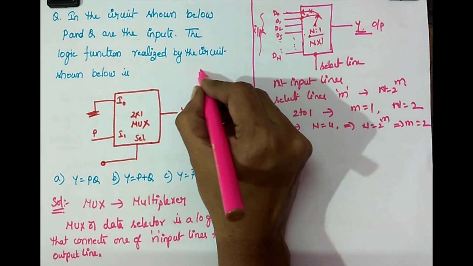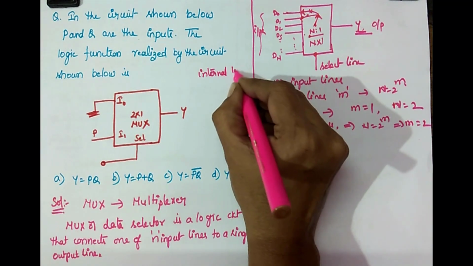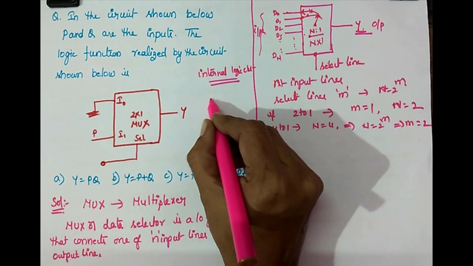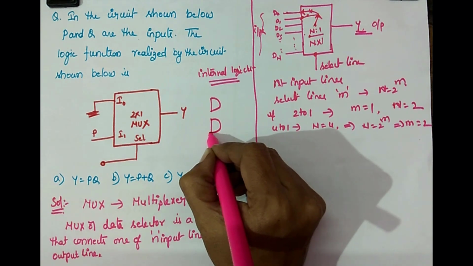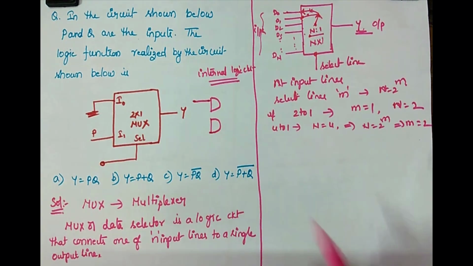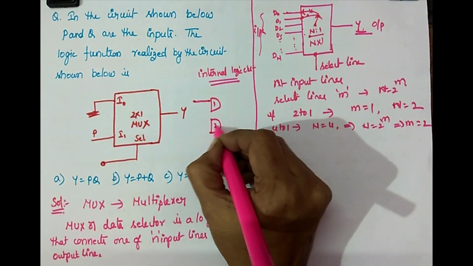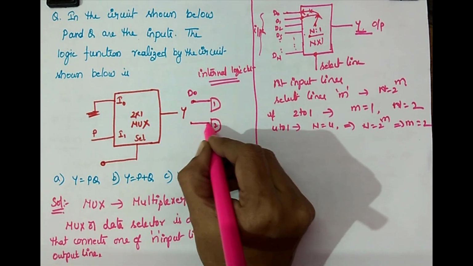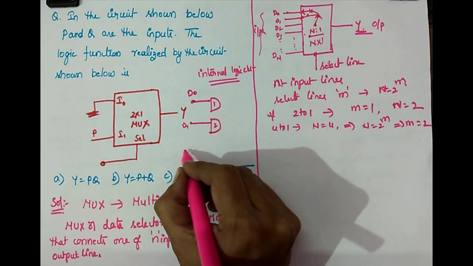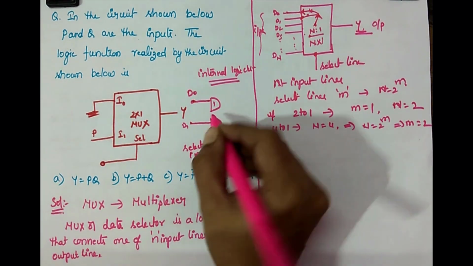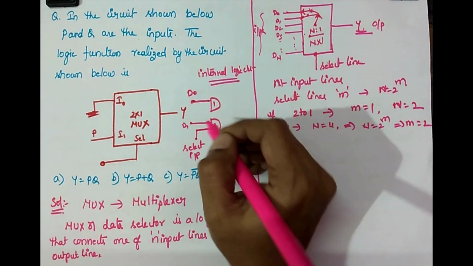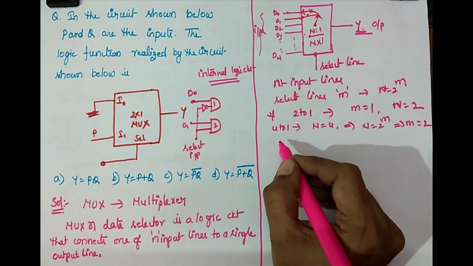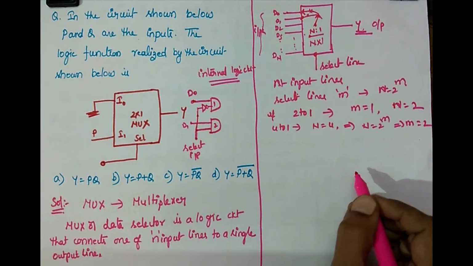Actually the internal logic circuit for this 2:1 mux is, see here, two AND gates, and the first input is D0 and for this the input is D1, and there exists a select input that is directly given to the second AND gate, but it is given to the first AND gate after a NOT gate.